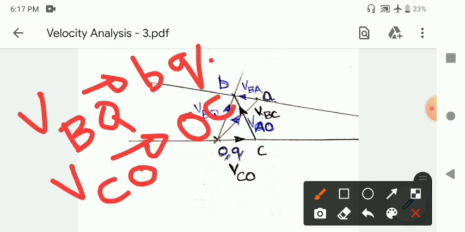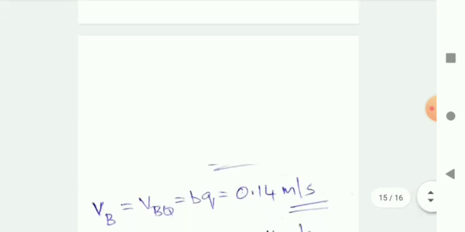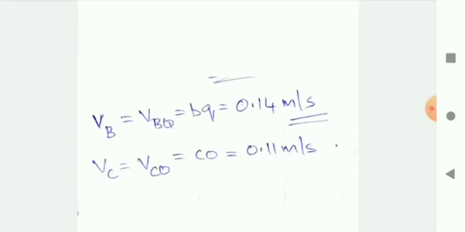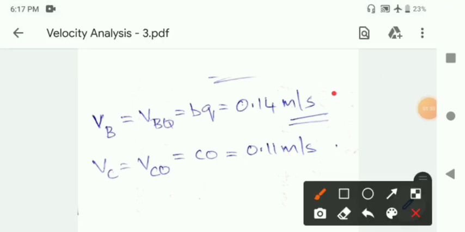So when you take this measurement, it has to be divided by 10. Only then will you get the exact magnitude of velocity. So for me, the velocity of B relative to fixed point Q is obtained as 0.14 meter per second, and velocity of C relative to O is obtained as 0.11 meter per second.